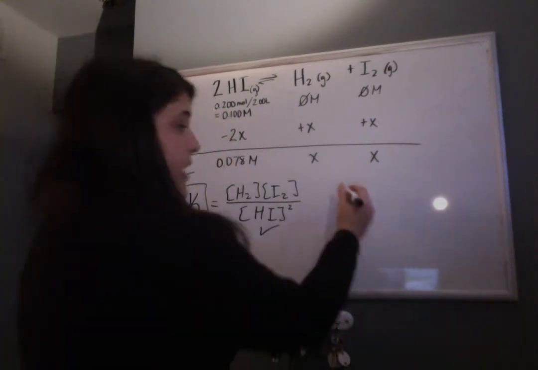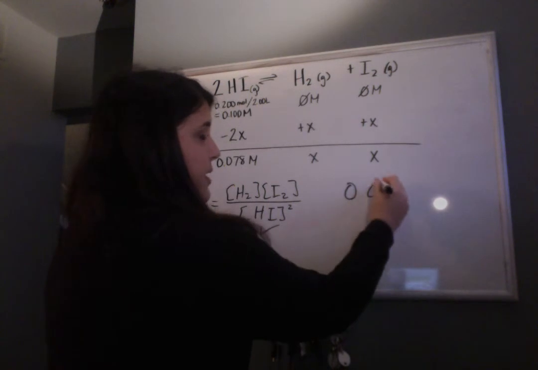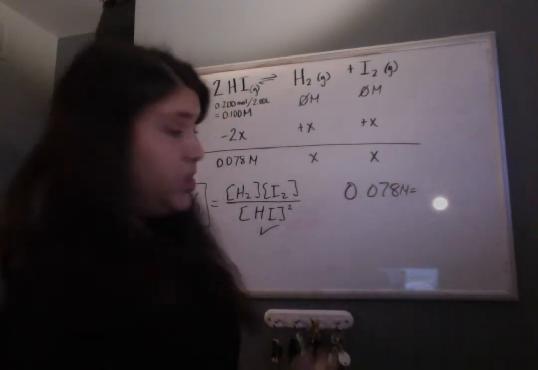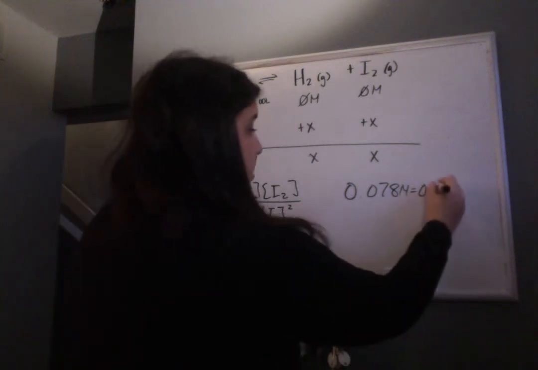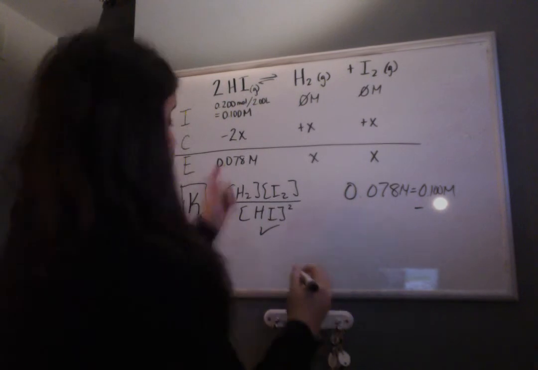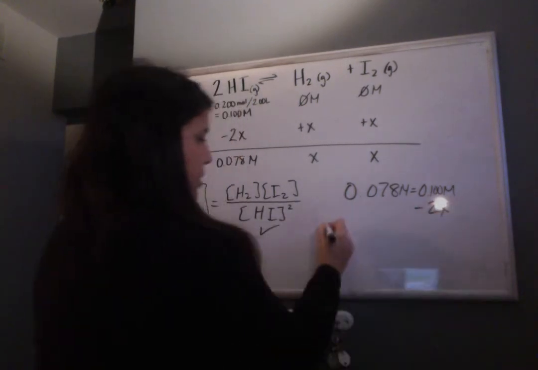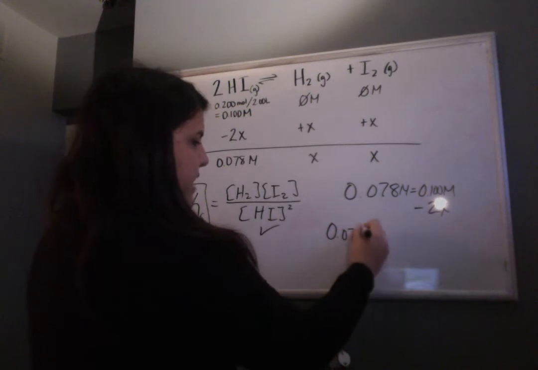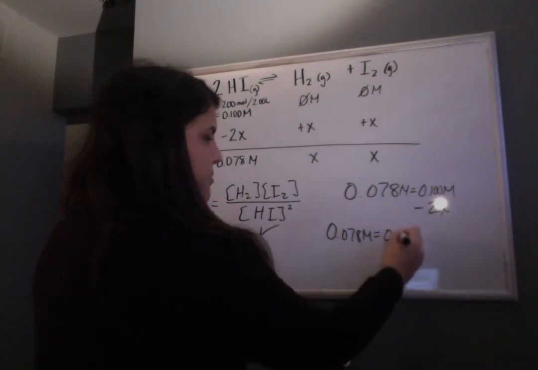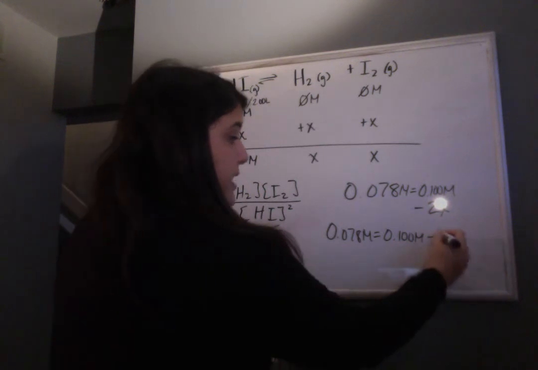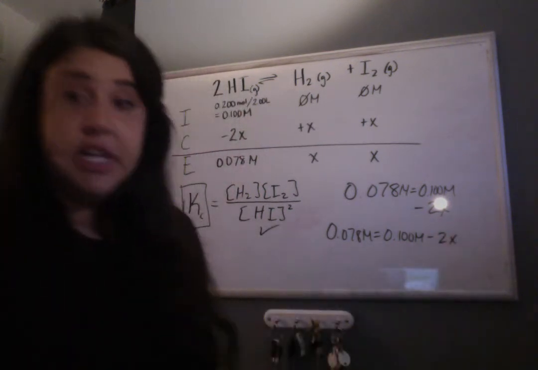I know that my final concentration of HI, 0.078 molarity, was equal to my original 0.100 molarity minus the change that I had, minus the 2x. So I'll write this again down here because there is a glare: 0.078 molarity is equal to my 0.100, my initial, minus 2x, which is my change.